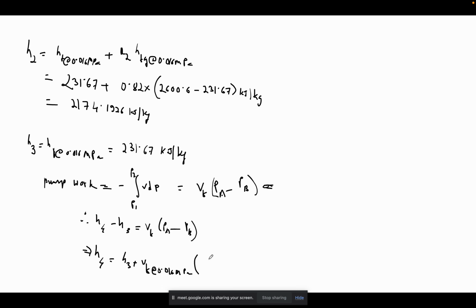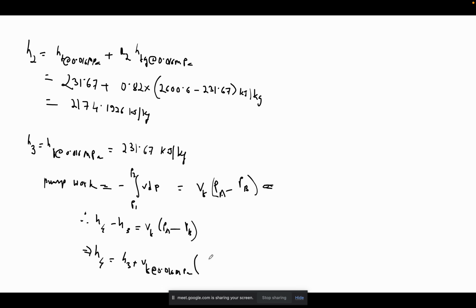So from here you'll get H3, that is 231.67, plus VF, which is 0.0010471, times P, that is 8 minus 0.016. Remember, this is in megapascal, so I need to convert this into kilopascal because this is in kilojoule per kg, so this will also be in kilojoule per kg.